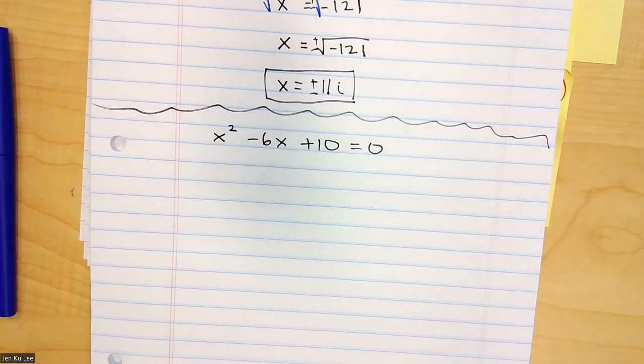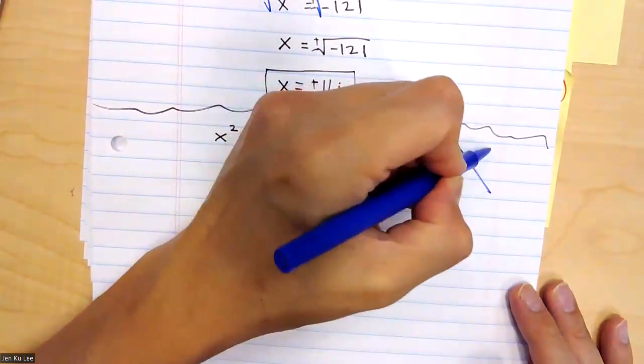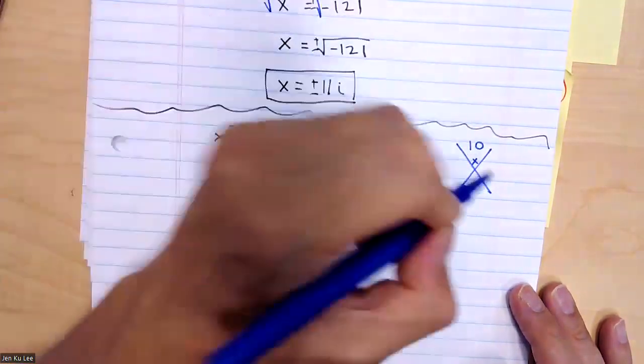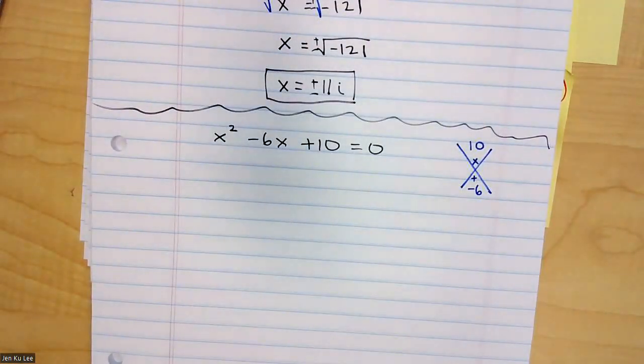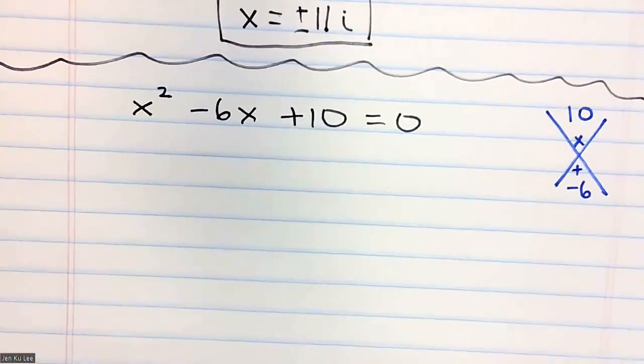What would you try and do? Factor, right? So let's try and factor. I need two numbers that multiply to 10 and add to negative 6.